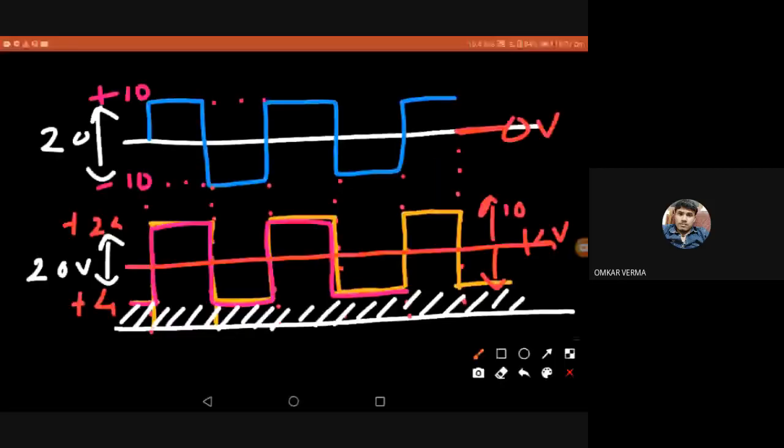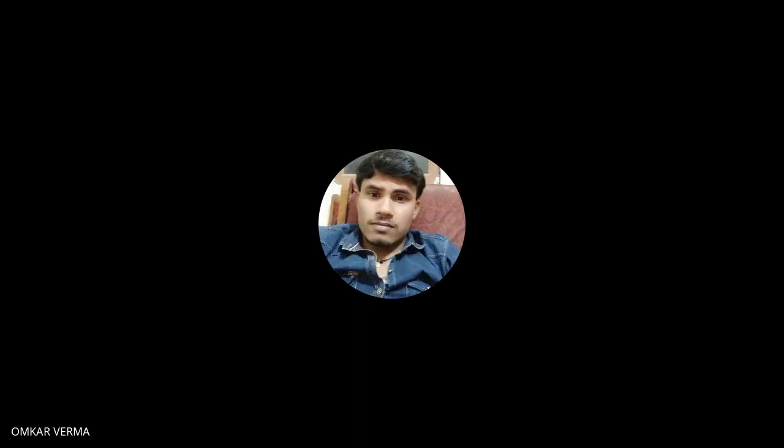Now, in case I have connected the battery voltage VB in the opposite direction, what might have happened? That means in this problem, I have a capacitor and I connect the diode like this.